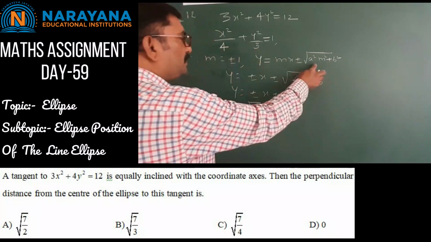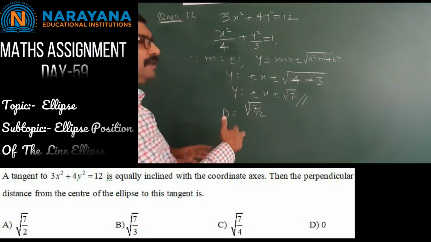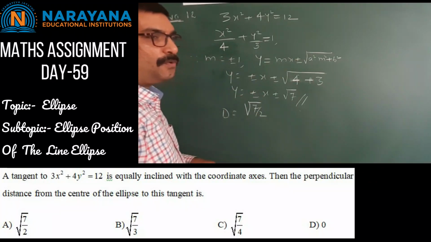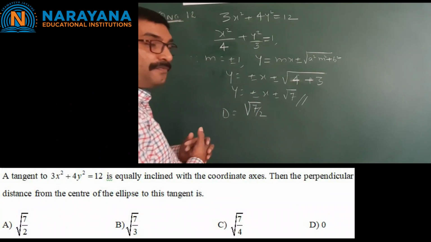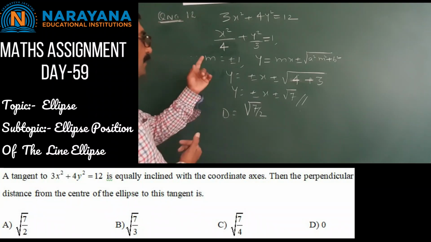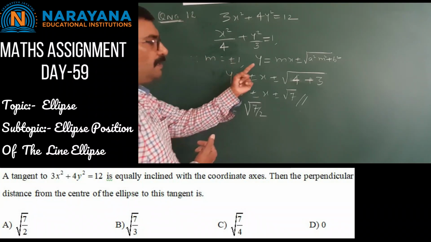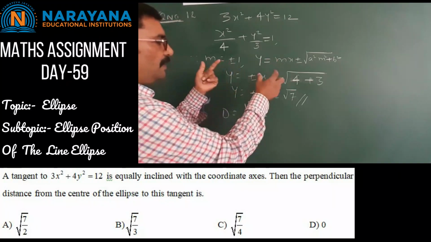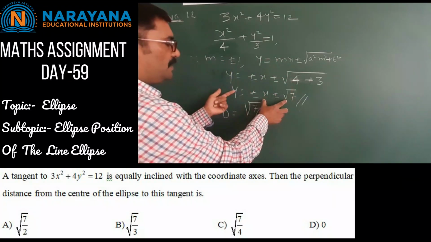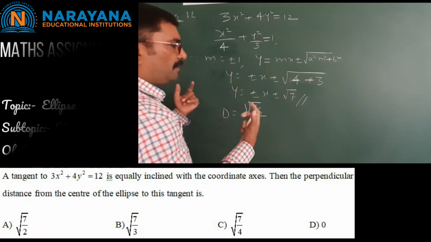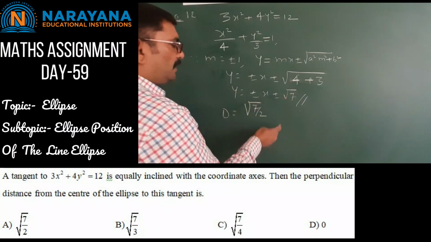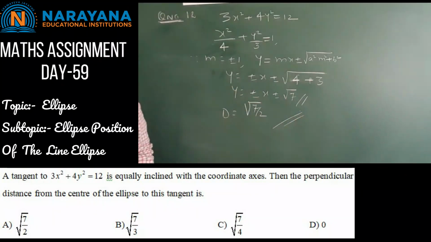M is plus or minus 1. Why? They are equally inclined with the coordinate axes, they make 45 and 135 degrees. Therefore slopes are plus or minus 1. Substitute in the tangents. Yes, I got 2 tangents. Apply the perpendicular distance from the center to this line. That gives square root of 7 by 2.